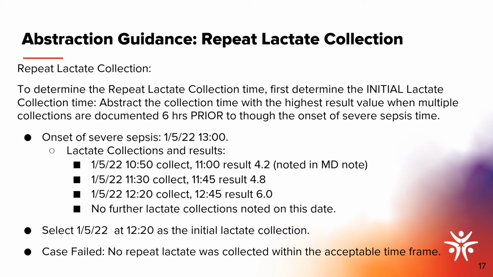At 11:30, another lactate was collected with a result of 4.8 at 11:45. Lastly, at 12:20, a lactate was collected with a result of 6.0 at 12:45. Beyond that, no further lactate collections were noted on this date.